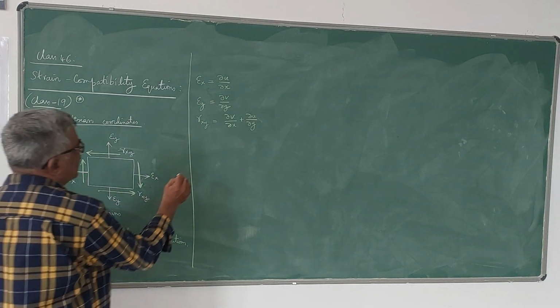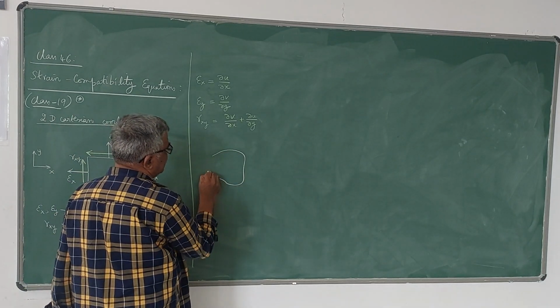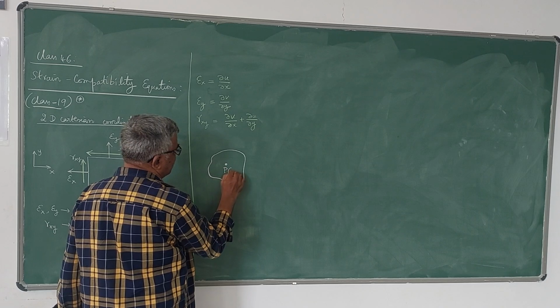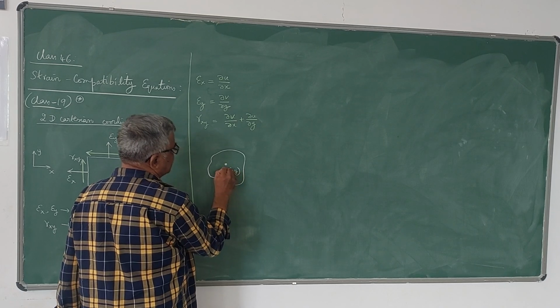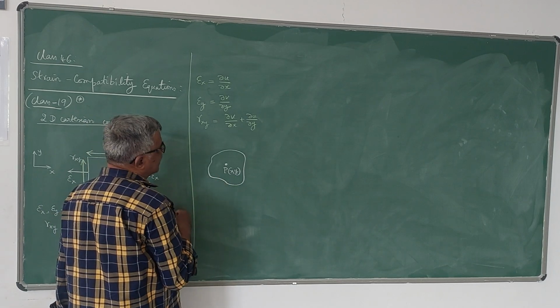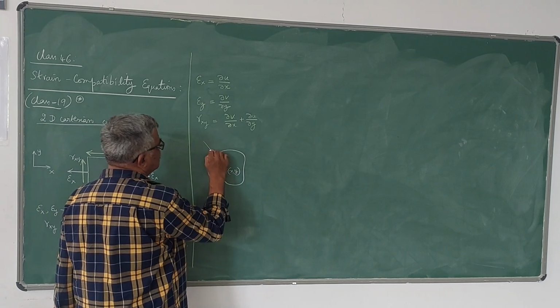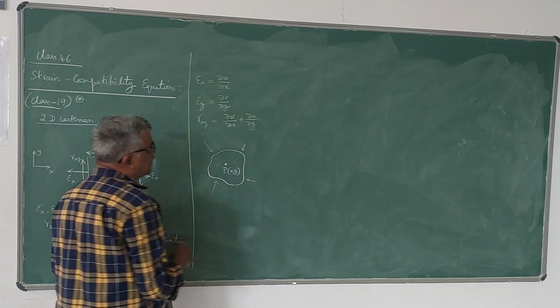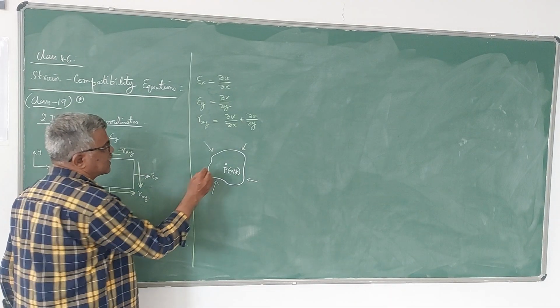Suppose any body is subjected to some force, and consider a point P with coordinates x, y. This can be anywhere, so that is why x and y are taken as variables. Suppose some forces are acting on this body, at this point P we will have both stress and strain.